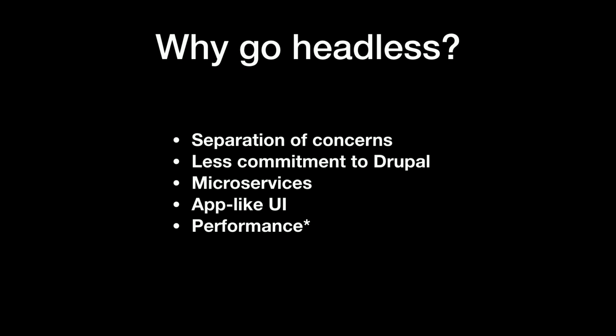Microservices. So having a decoupled front end means that your different UI components can grab data from different sources. So that means that you can separate your back end out into microservices if need be, and this can lead to even more separation of concerns.